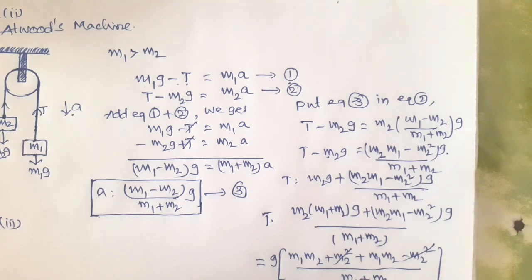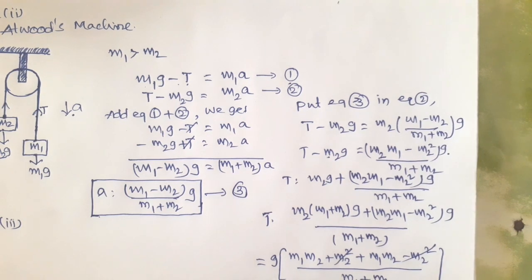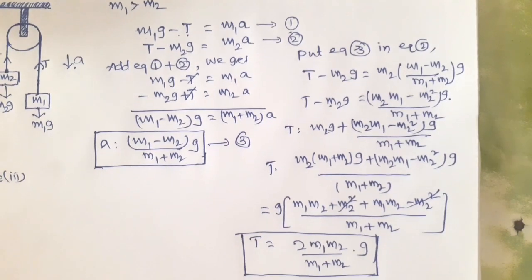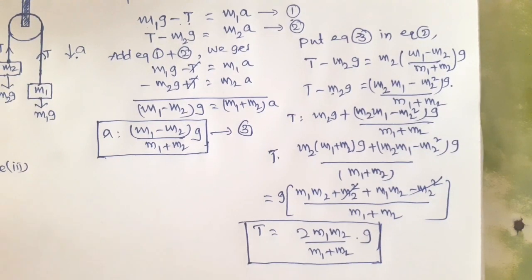This gives the tension T is equal to 2 M1 M2 by M1 plus M2 into g. This is the calculation of tension and acceleration in a two-D machine.